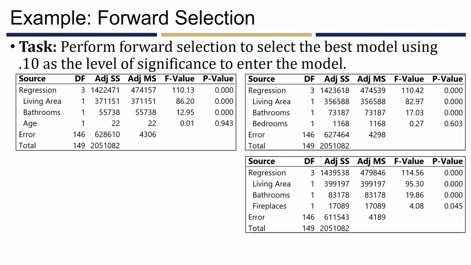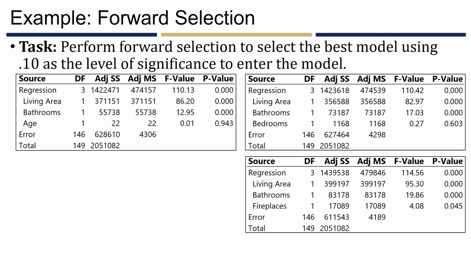Then we keep living area and number of bathrooms in the model, and we put in each of the other 3 predictors and continue to do additional partial F tests. Putting age into the model after both living area and number of bathrooms are in the model gives us an F statistic of 0.01. Putting in number of bedrooms after both living area and number of bathrooms gives us an F statistic of 0.27. And putting the number of fireplaces into the model after living area and number of bathrooms gives us an F statistic of 4.08.